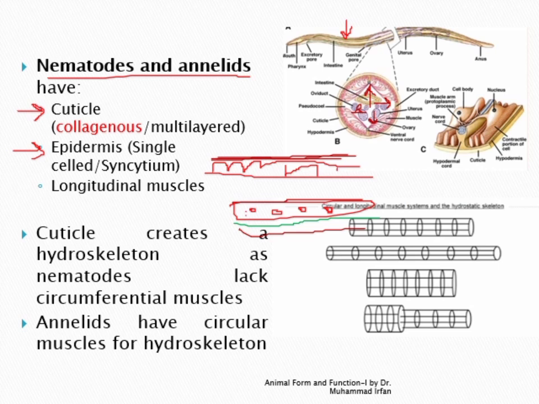Annelids have two types of muscles, longitudinal and circular. The longitudinal muscles help the body move forward, shortening or lengthening. But the circular muscles produce hydrostatic pressure in the different segments of the body for the local.